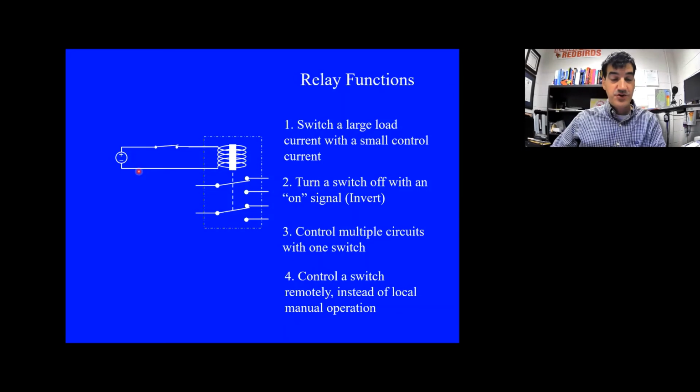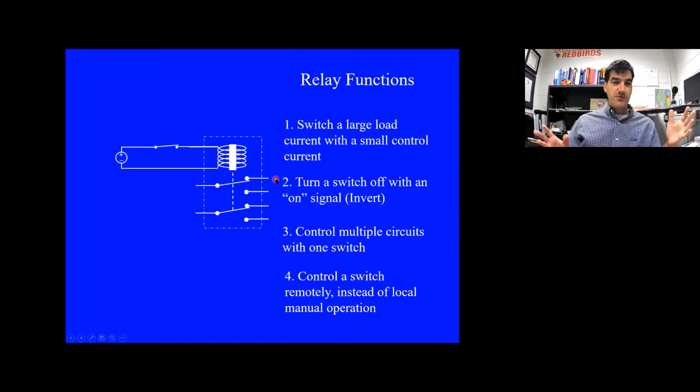However, you could have an Arduino or a Raspberry Pi operate this little switch right here, and you could even have it power this coil right here, because that coil doesn't take very much current or a high voltage to energize. And then once you have this coil energized, you can have some external power source, maybe a wall outlet, providing your electrical power that will go through here and then power your load.